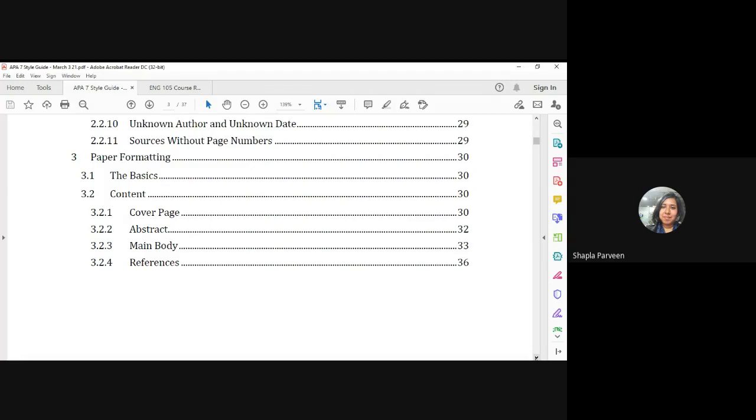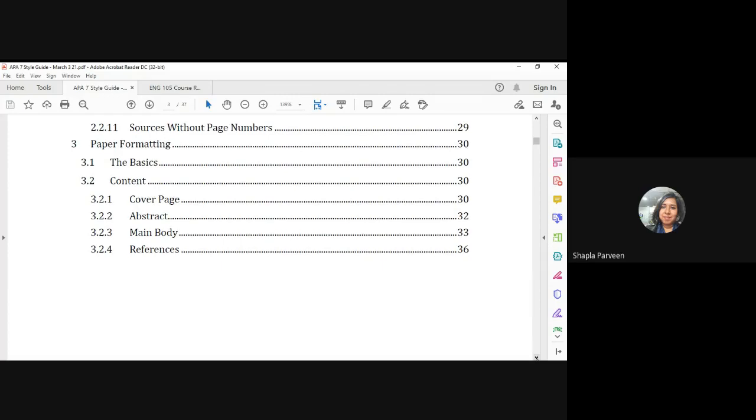We accept 25% similarity. 25 is a high percentage. If you go abroad, it will be much less, probably they accept only 5%. But here, we accept 25%. If it's more than 25%, then we will be deducting marks. So in order to avoid plagiarism, you need to provide the source documentation. It's very important.